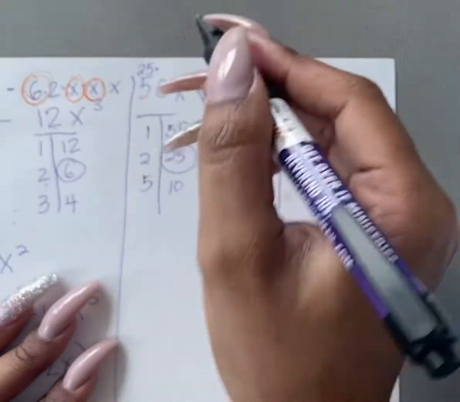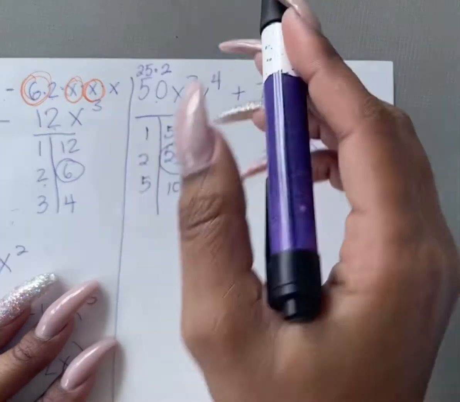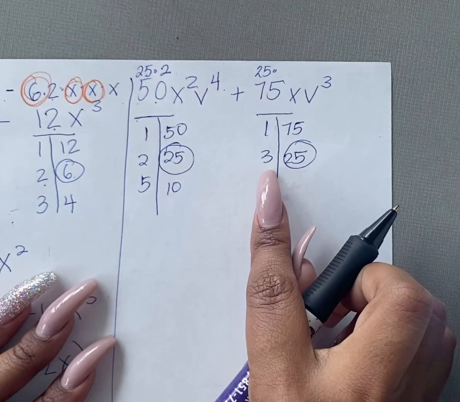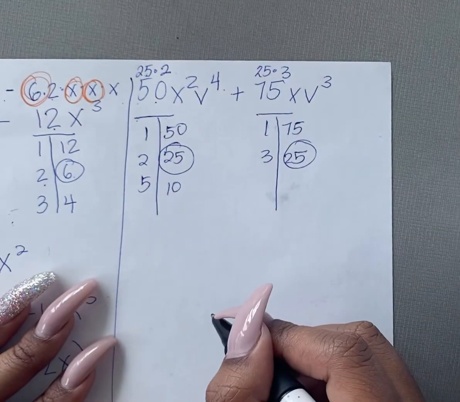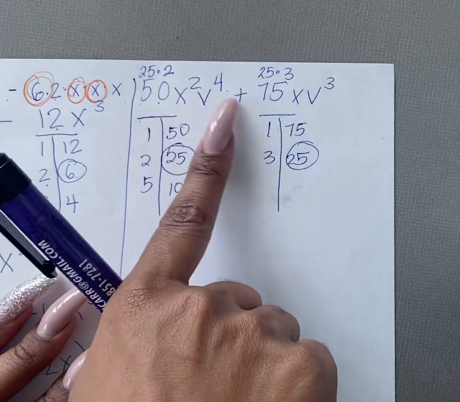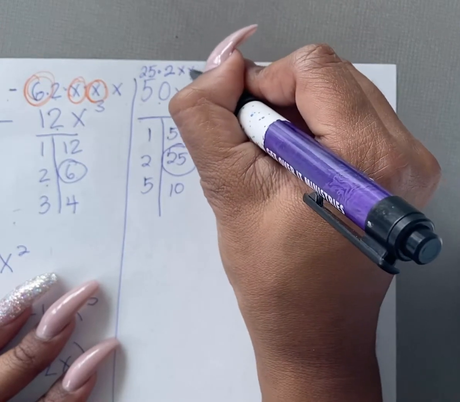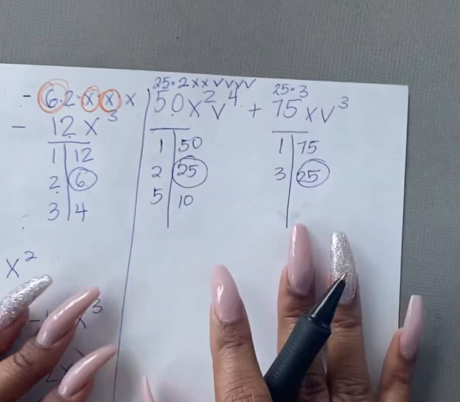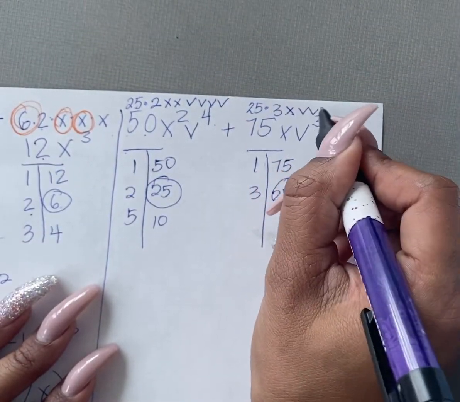So 25 times its pair, which was 2, and 25 and 2 give you 50. And I'm going to write it at the top over here, my 25. In this case, I multiplied it by 3. That was its pair, and 25 times 3 is 75. And I'm going to expand my variables. I have x squared, so I have 2 x's, and I have v to the 4th, so I have 4 v's. And then I just have 1 x here and 3 v's.